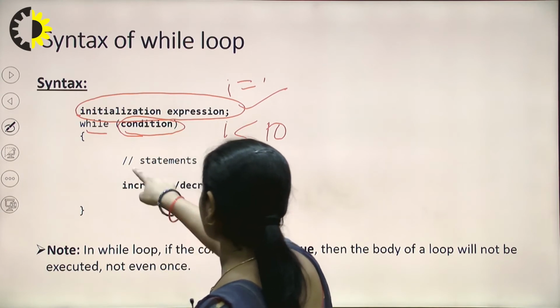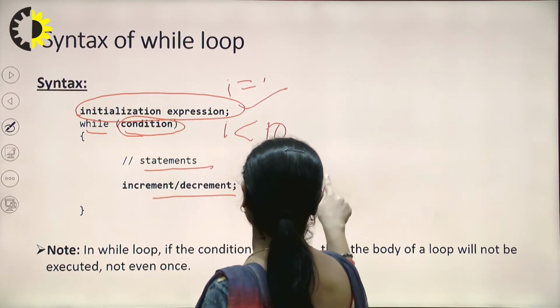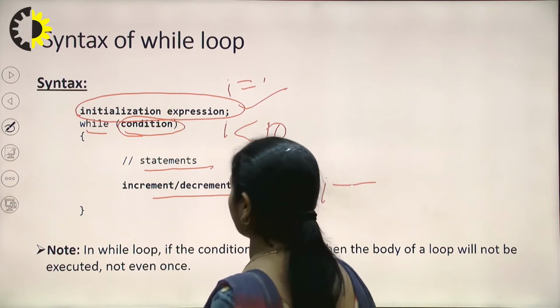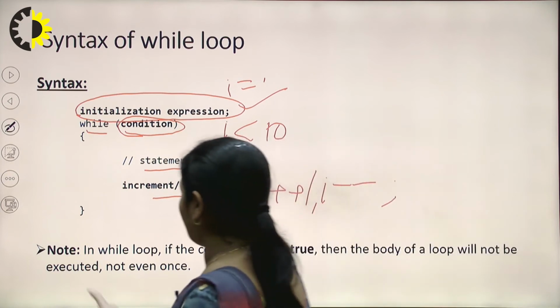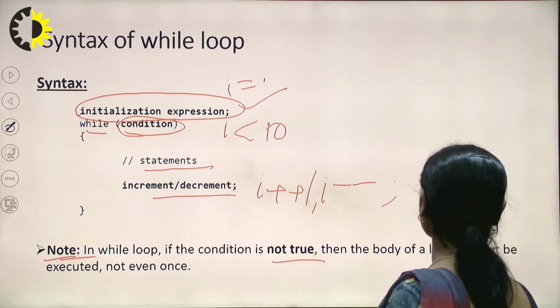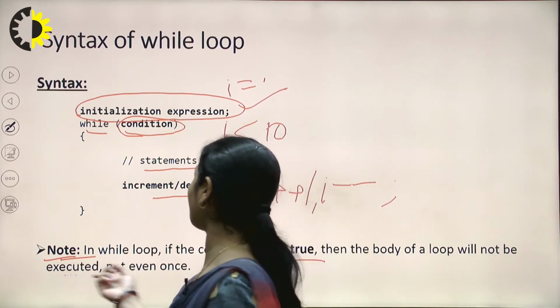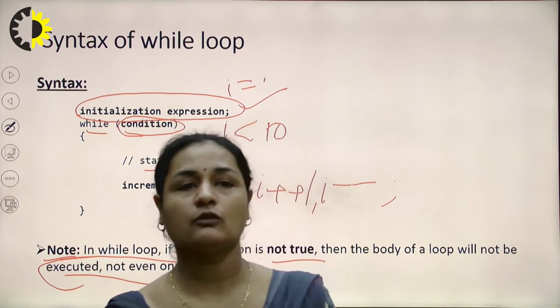Then the statements execute. After that, we give the increment or decrement operation. An important note: in a while loop, if the condition is not true, then the body of the loop will not be executed, not even once. If the condition is false, the body of the loop will not execute.